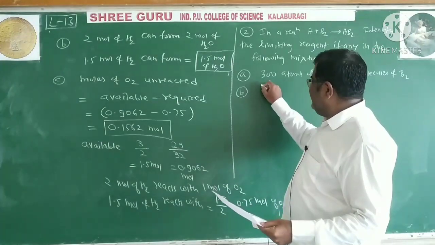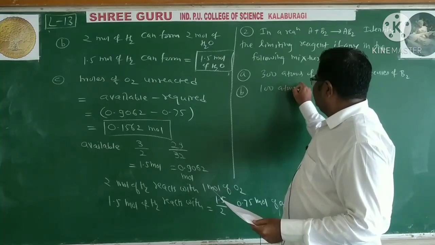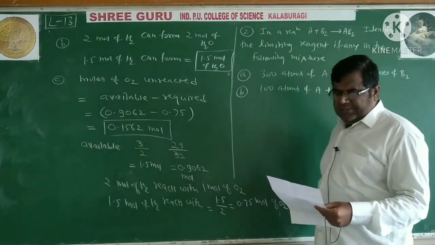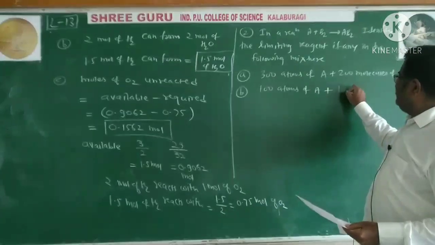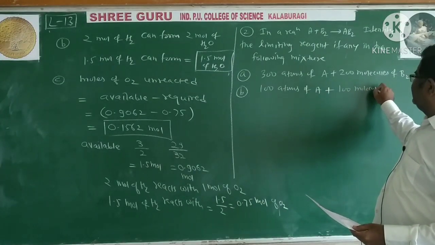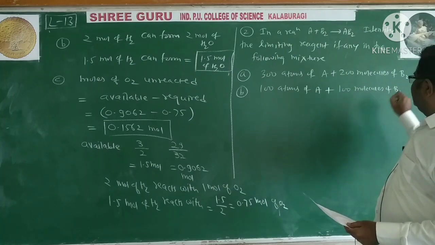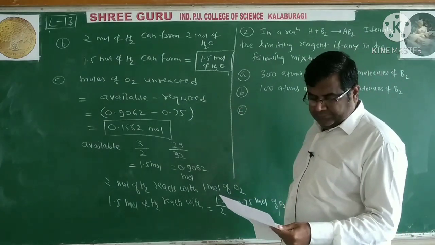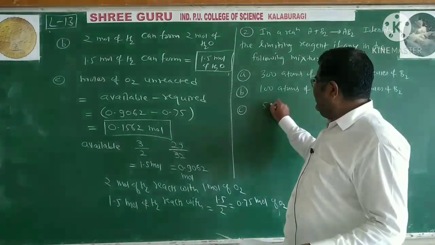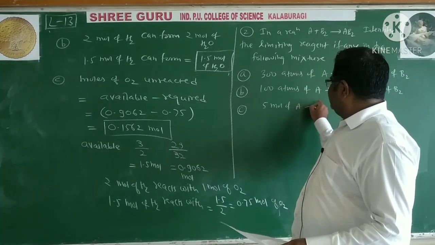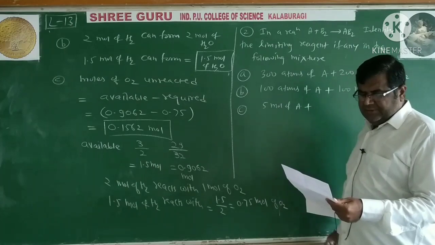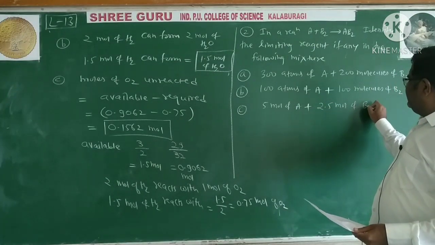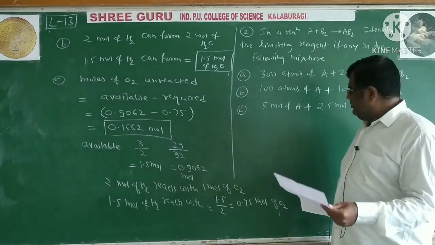100 atoms of A and 100 molecules of B2. 5 mole of A mixed with 2.5 mole of B2.